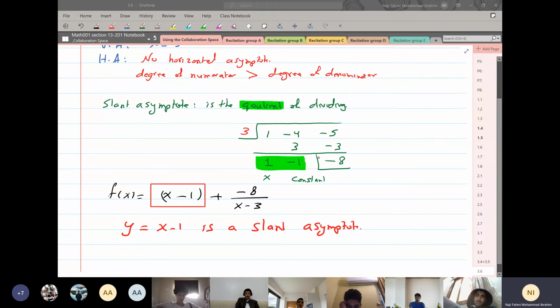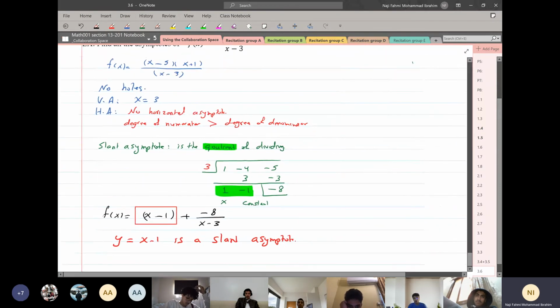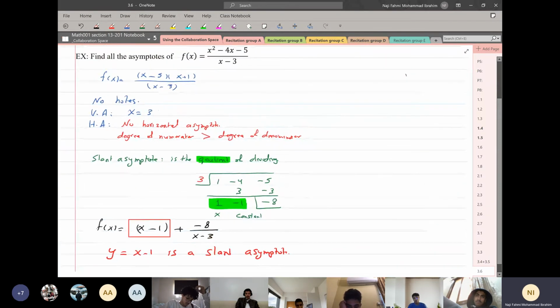Just give me less than 1 minute to graph it. So we can share the screen so that you can see the shape of the asymptote here. Just give me 1 minute to write the rational function and graph it.